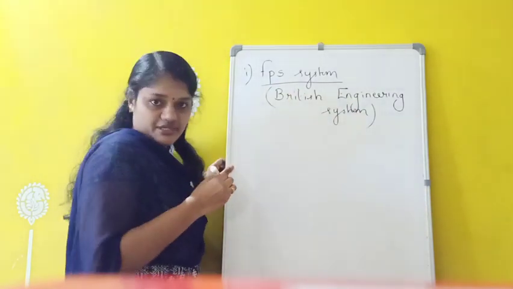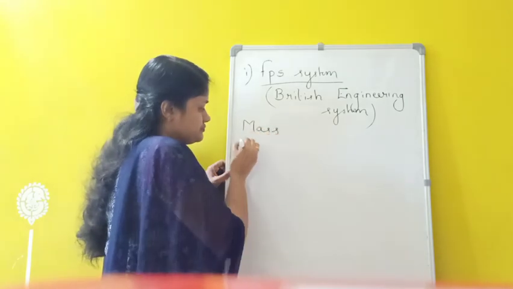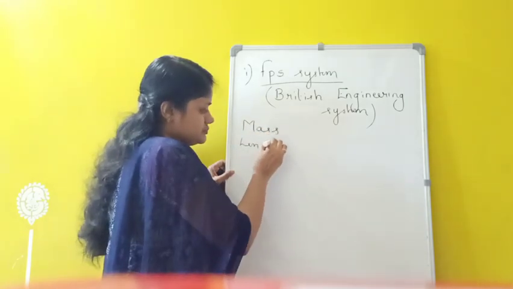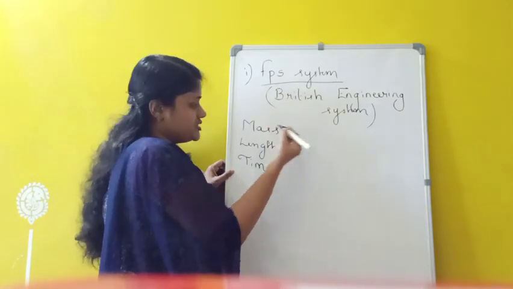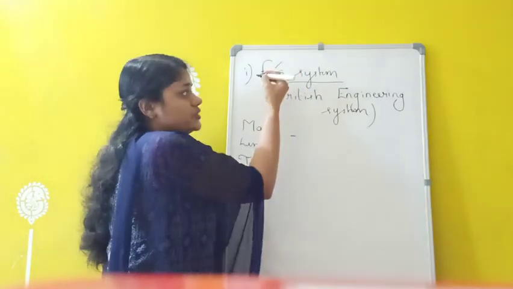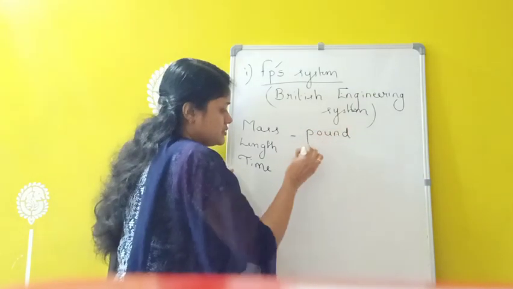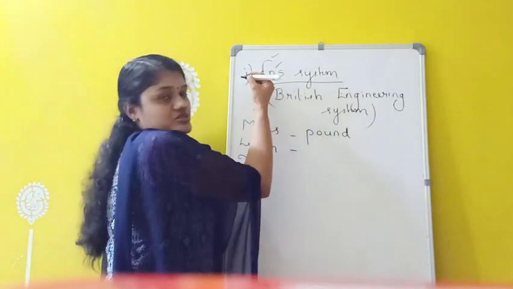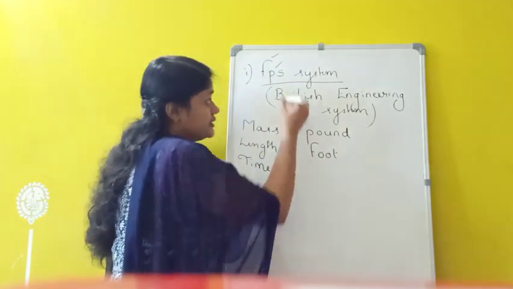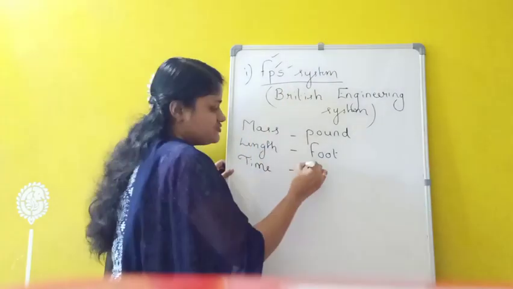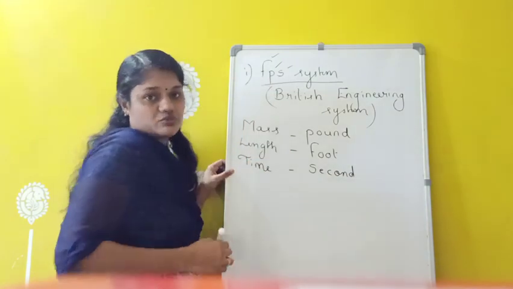And we have 3 fundamental quantities: mass, length and time. So in FPS system, unit of mass is pound. P indicates pound. And unit of length is foot. F indicates foot. Then S indicates second. So unit of time is second. So this is the oldest system of unit.